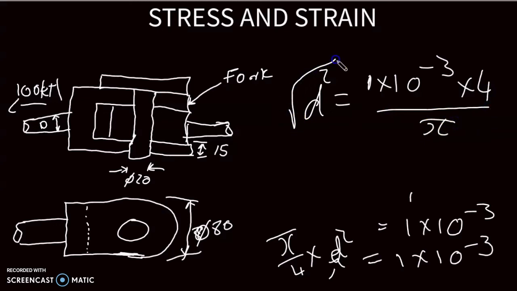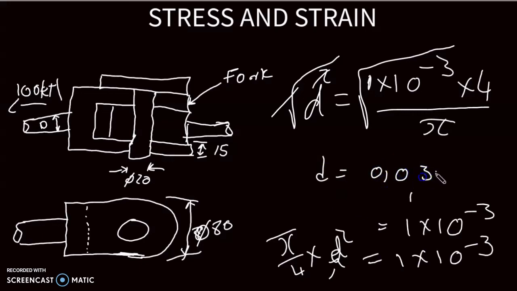And we're going to have to remove this square. We are going to introduce the square root, which will cancel out with this one. And we get our diameter for the rod is 0.03568 meters.